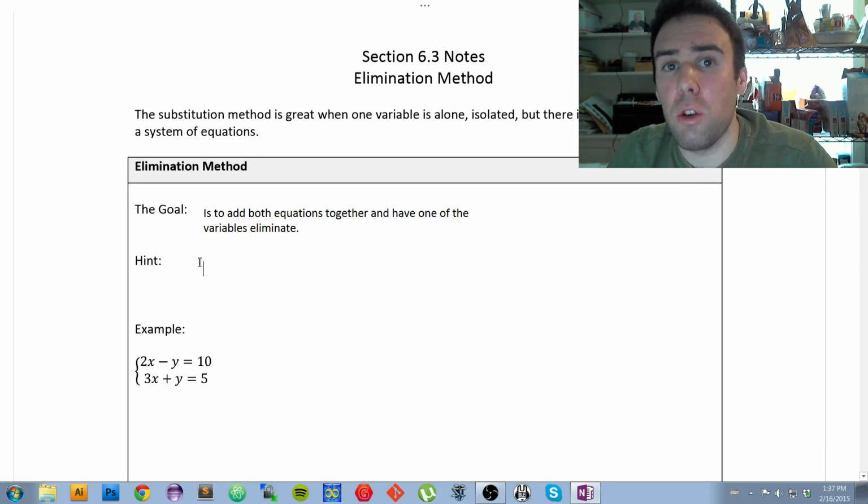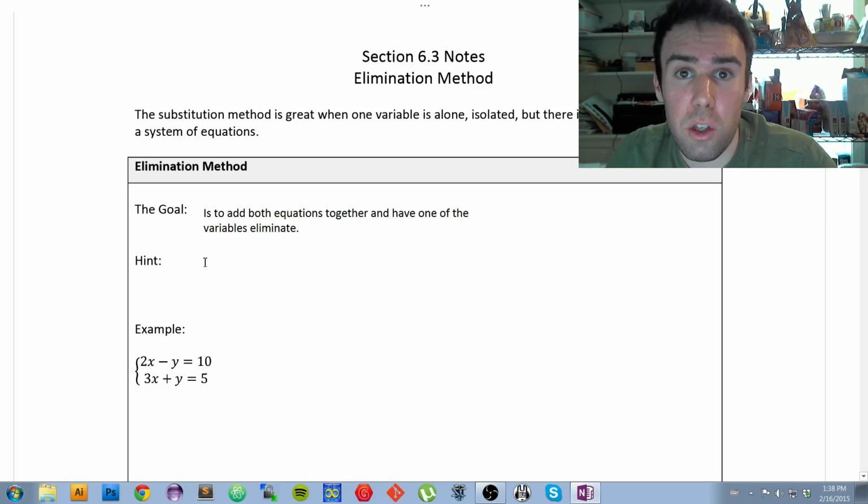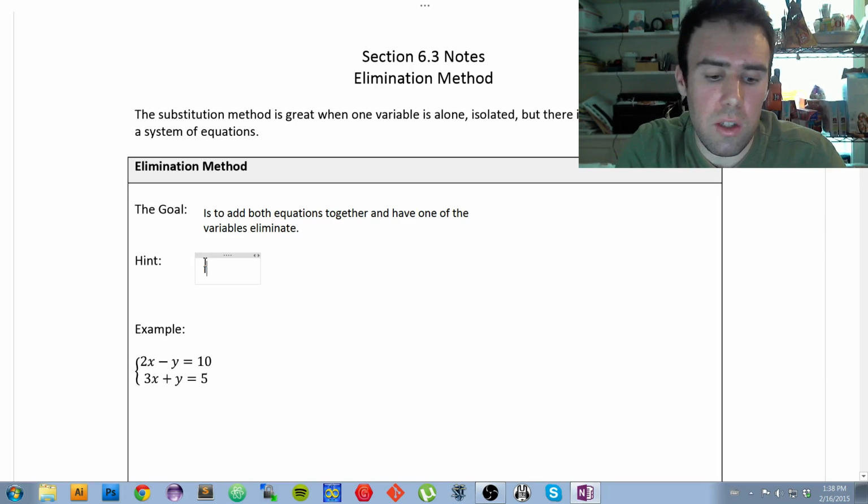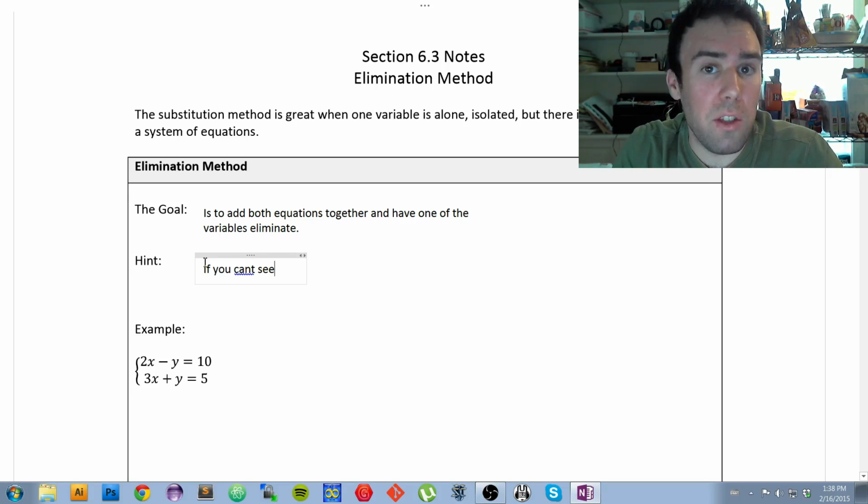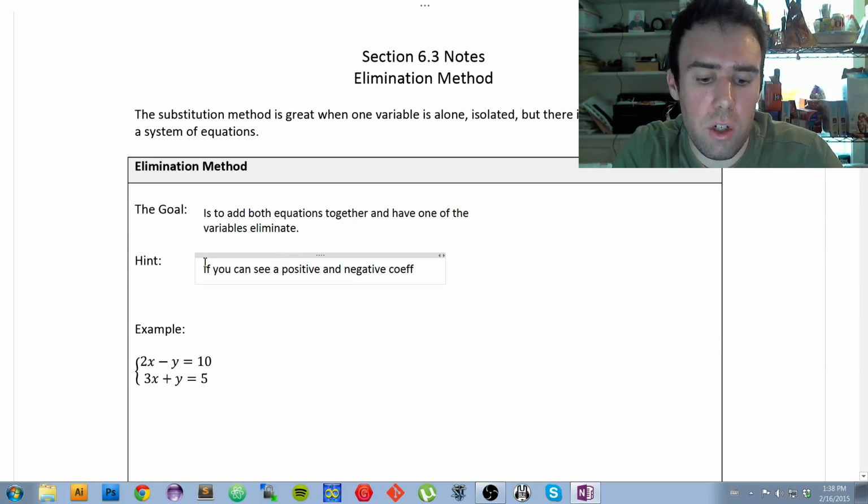And the hint that you're going to use to know if elimination method is a good method for you to use is if you can see a positive and negative coefficient of equal size for the same variable.